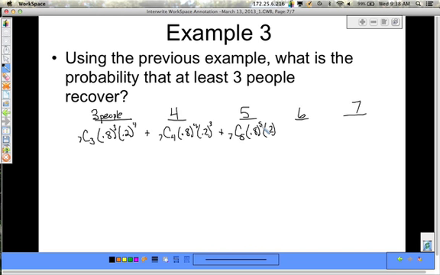Well, if 5 recover, that means 2 would not, plus 7 choose your 6 to recover, 0.8 to the 6th, 0.2, 1 wouldn't recover, plus 7, they all recover, which is great, 0.8 to the 7th, 0.2 to the 0. And this is a lot to type in, so you might want to calculate out each one individually and then add all those probabilities together.